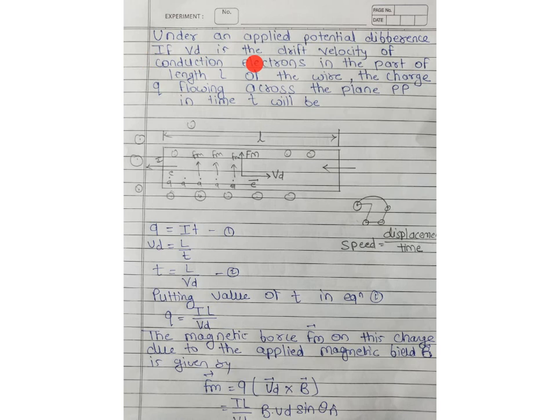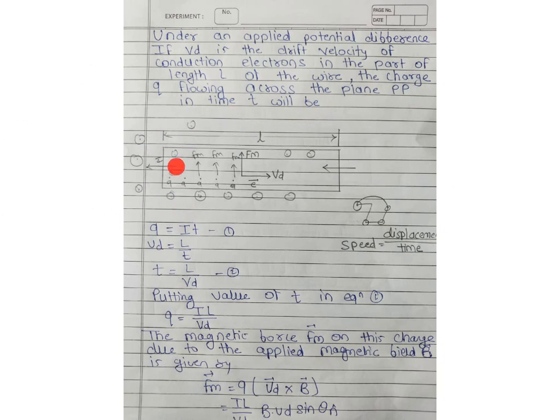If Vd is the drift velocity of conduction electrons in the part of length L of the wire, the charge Q flowing across the plane P in time t. So let us understand.